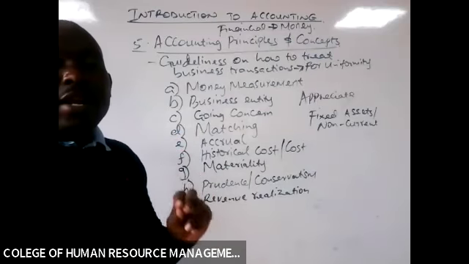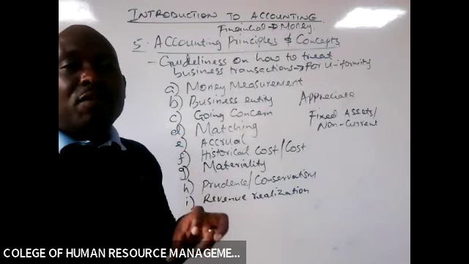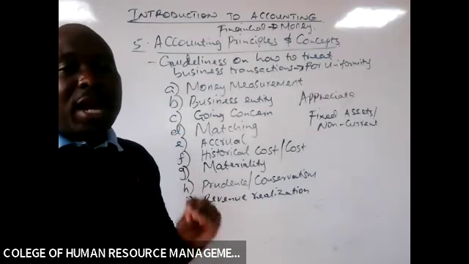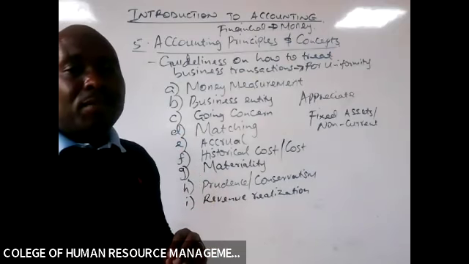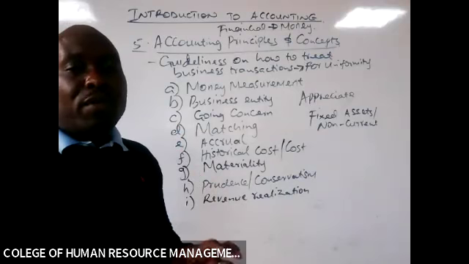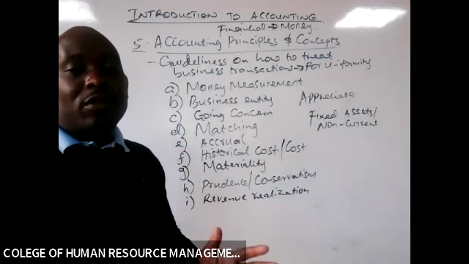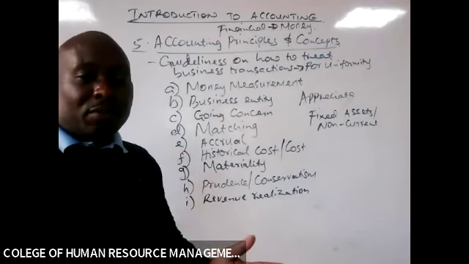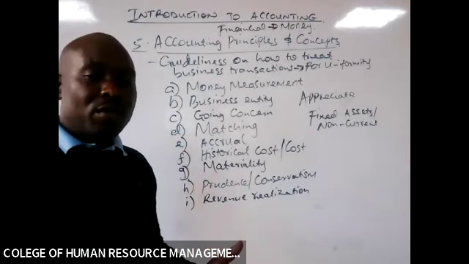Revenue should be considered realized when there is sufficient proof it has been earned. The main source of revenue to businesses is normally through sales. You sell items, you generate revenue.